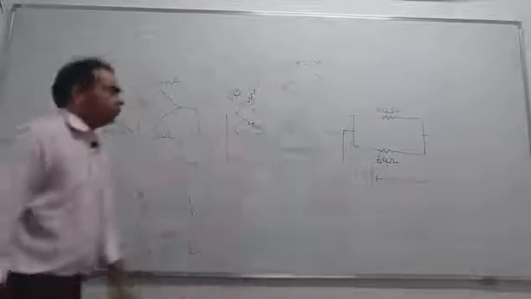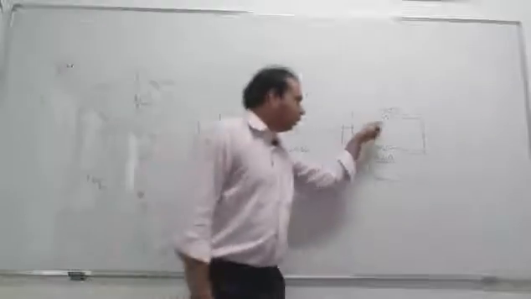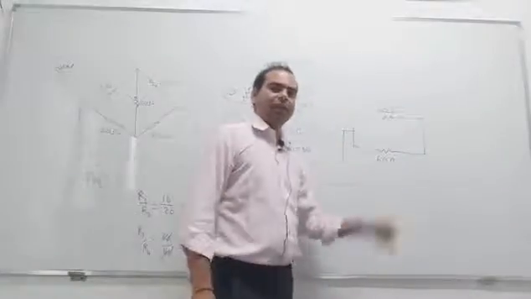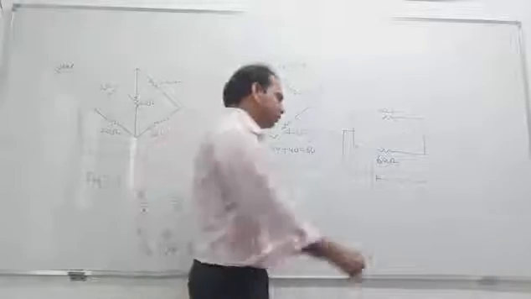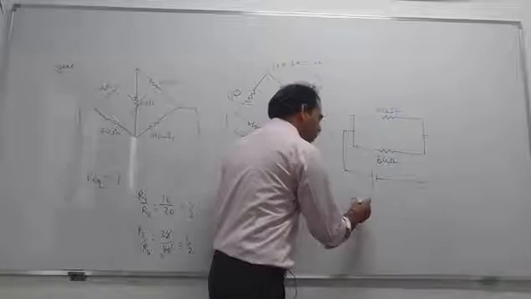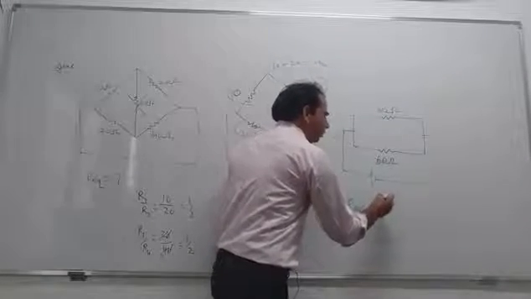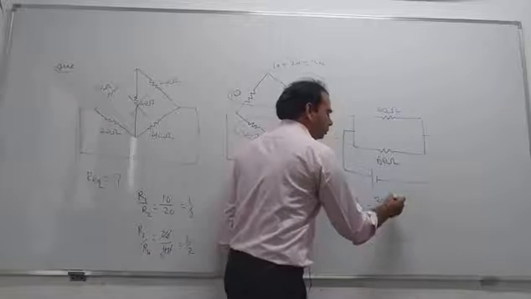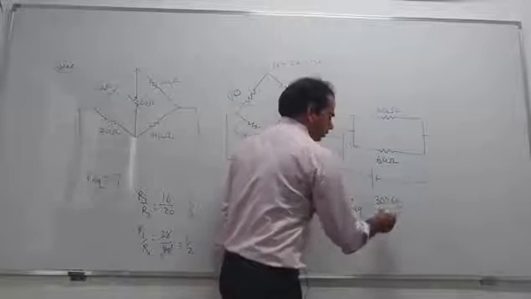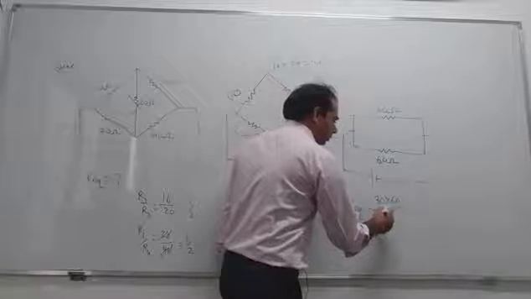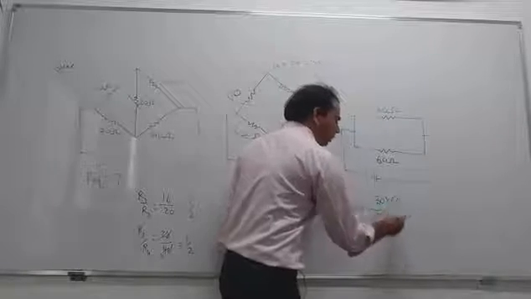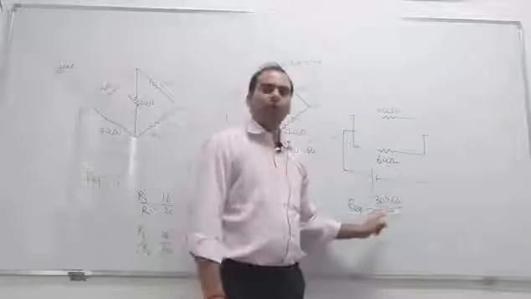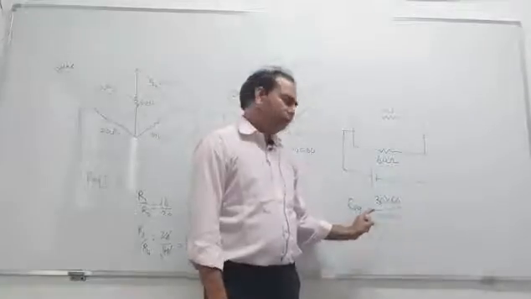Hence these two are in parallel, so you can apply the parallel combination of resistances. This equivalent is given by 30 into 60 upon 30 plus 60, that is R1 R2 upon R1 plus R2.